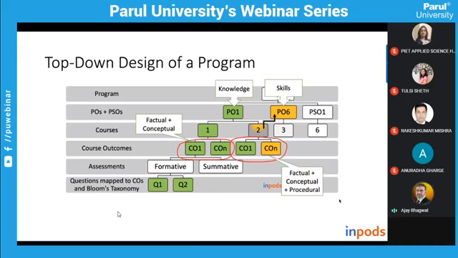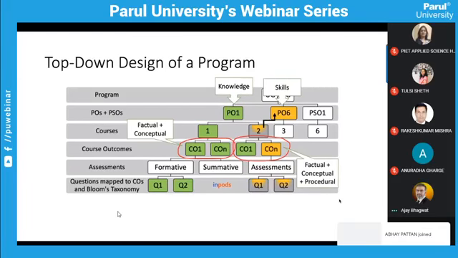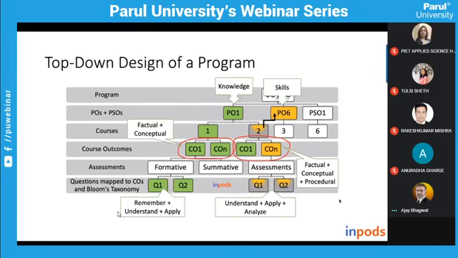And when it comes to measuring the learning outcomes of the students for these course outcomes, naturally, we will have to assess the students' learning as per the cognitive process scale by framing the questions relevantly, so that their factual and conceptual knowledge is evaluated, or their procedural knowledge could be evaluated.